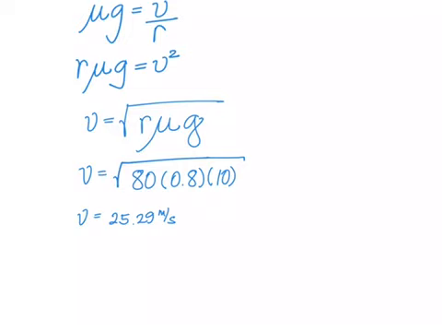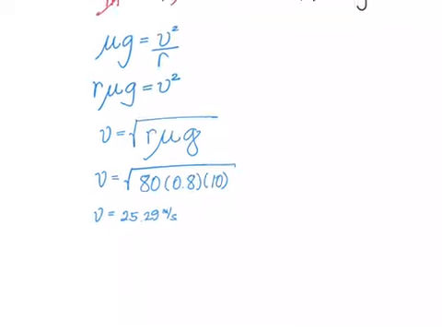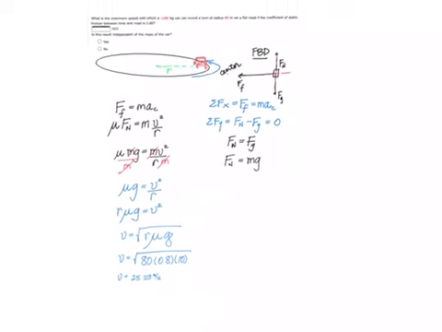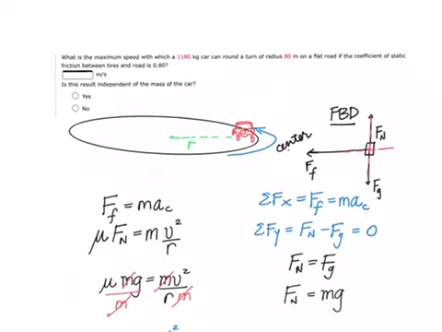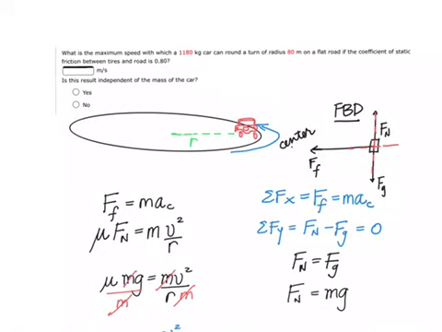Now, let's go back and think about what we just solved. We were given that this car is going to negotiate this 80-meter turn on a flat road with a coefficient of static friction. And we were looking for this maximum speed. What is the maximum speed?